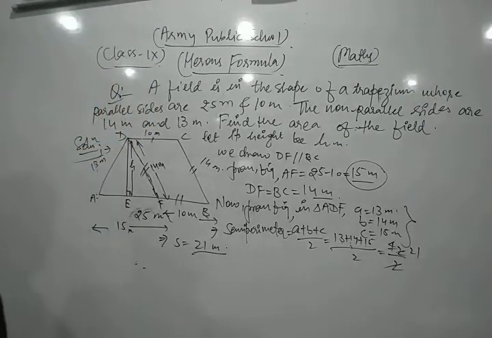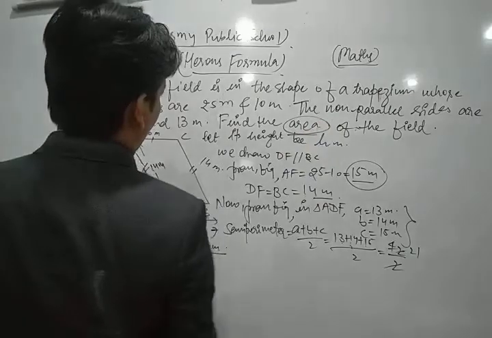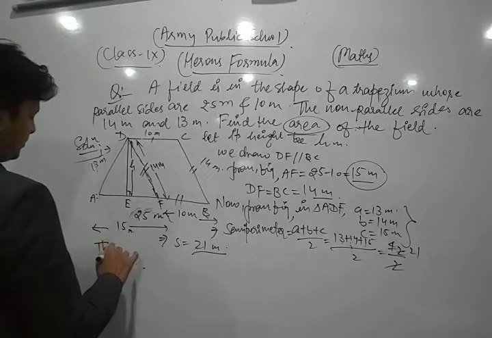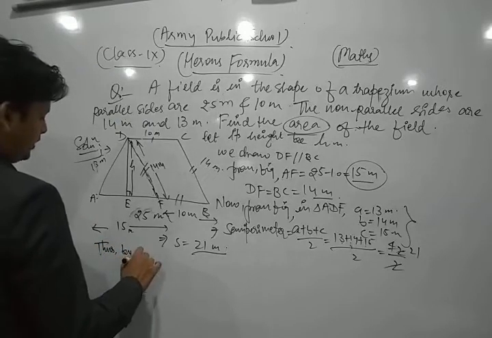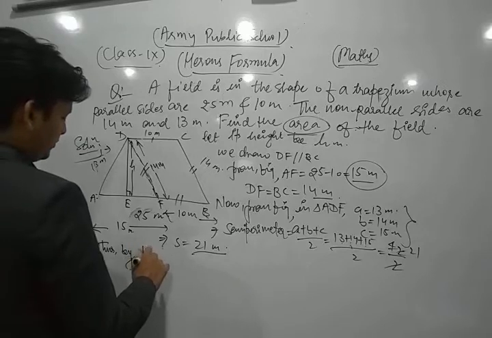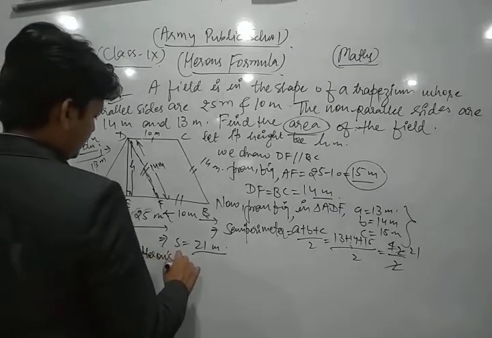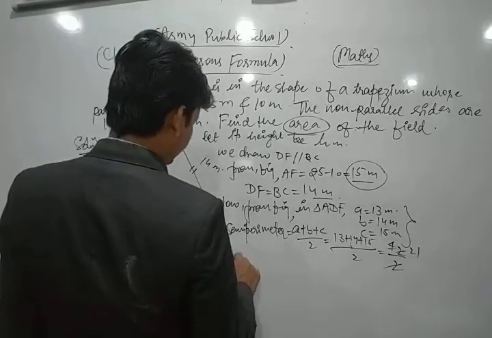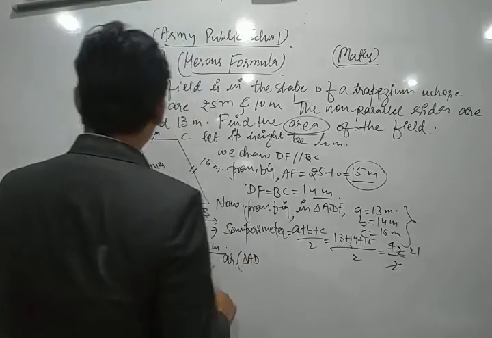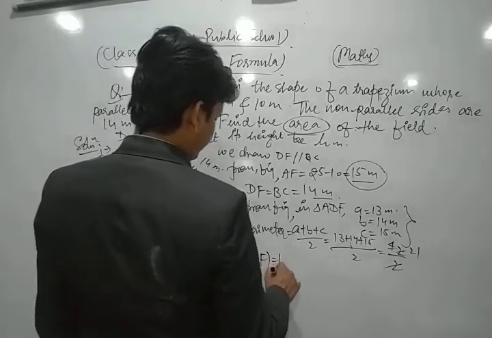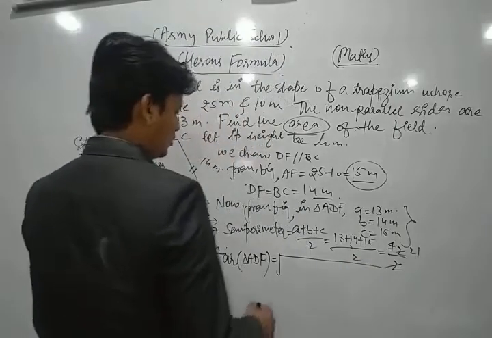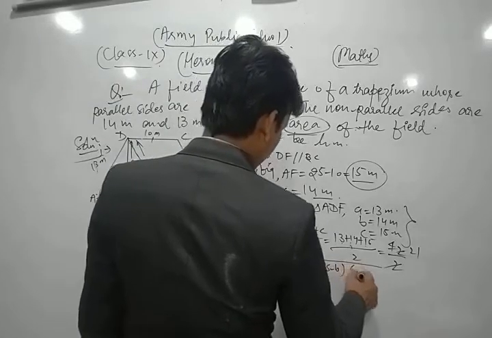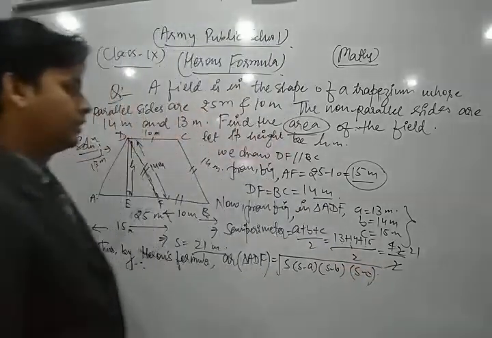Now what do we do, dear students? By using Heron's formula, the area of triangle ADF is equal to the square root of s into (s minus a) into (s minus b) and (s minus c).